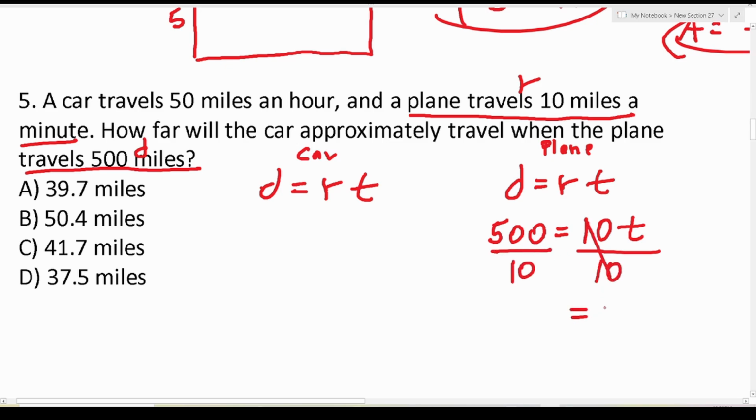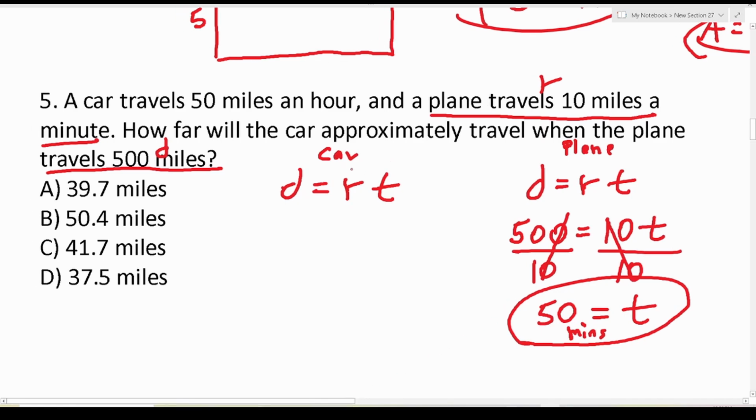This crosses out here, leaving you with t over there. We can cross out these corresponding zeros here. 50 divided by 1 is 50. And let's think about this. Our rate was given in terms of minutes. So our time here is also going to be in terms of minutes. So this says it takes the plane 50 minutes to go those 500 miles at a rate of 10 miles a minute. Okay?